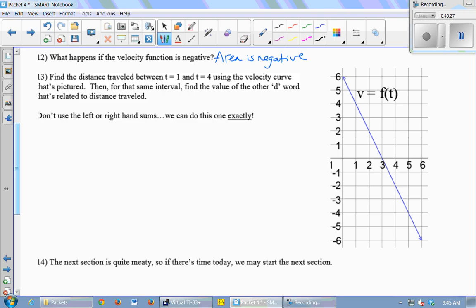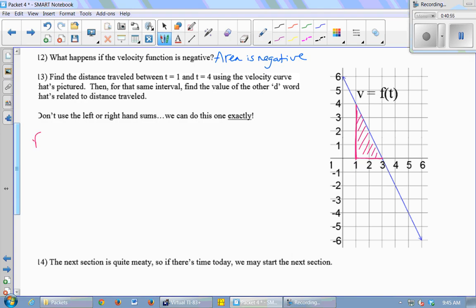All right, so let's just look from 1 to 3. If I just want to find the distance traveled from t equals 1 to t equals 3, I'm looking for the area under that curve. And I don't have to use a left or right-hand sum to estimate because I can find that area exactly. How would I find it? Yeah, base times height over 2. That's a triangle.